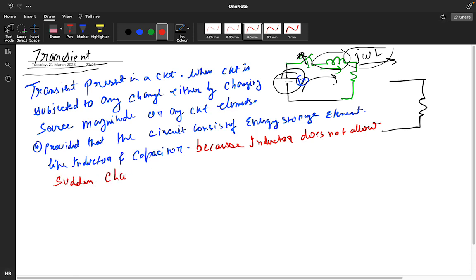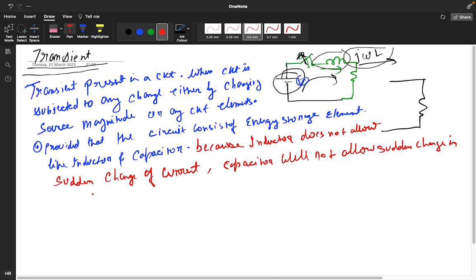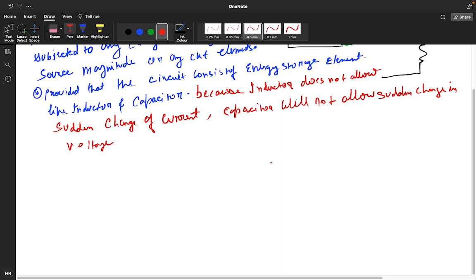And the same for capacitor: capacitor will not allow sudden change in voltage.